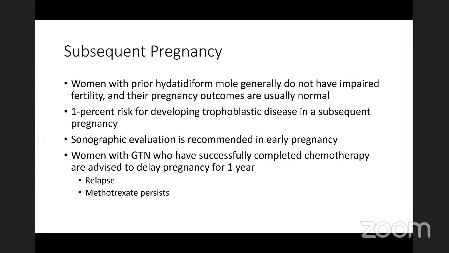So sonographic evaluation is recommended in early pregnancy. Women with GTN who have successfully completed chemotherapy are advised to delay pregnancy for 1 year. This is because there could be a relapse or there could be persistence of methotrexate in the system.